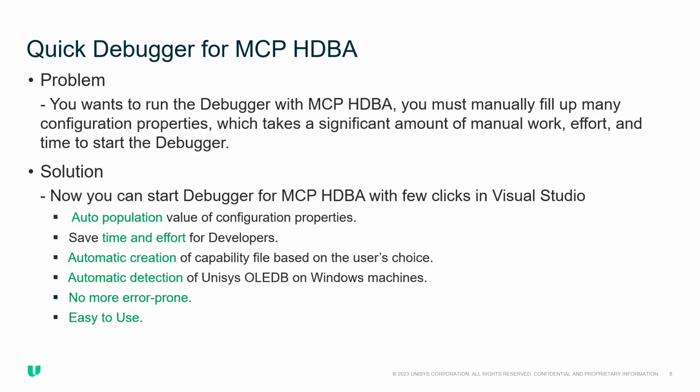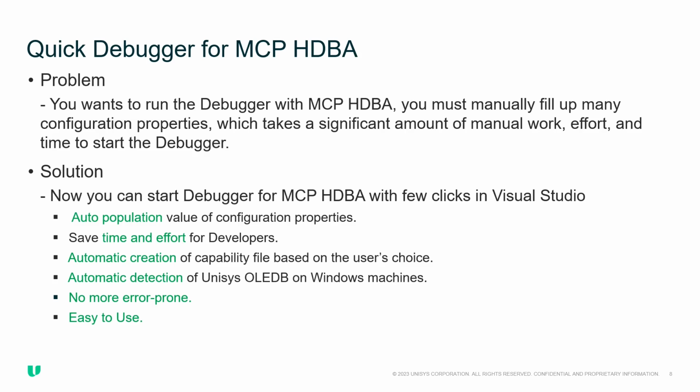Now you can start the Debugger for MCP HTTP with a few clicks in Visual Studio. The Debugger will automatically populate all the values for the configuration properties. It will save time and effort for the developer.